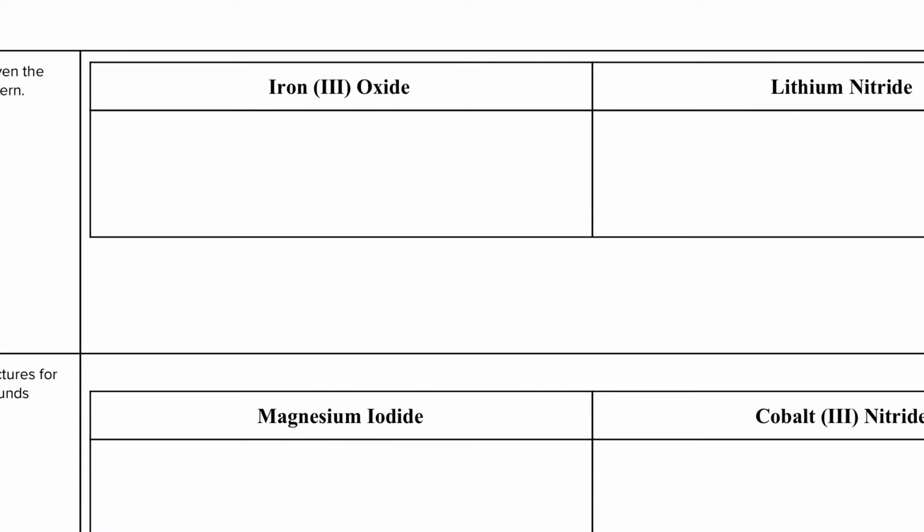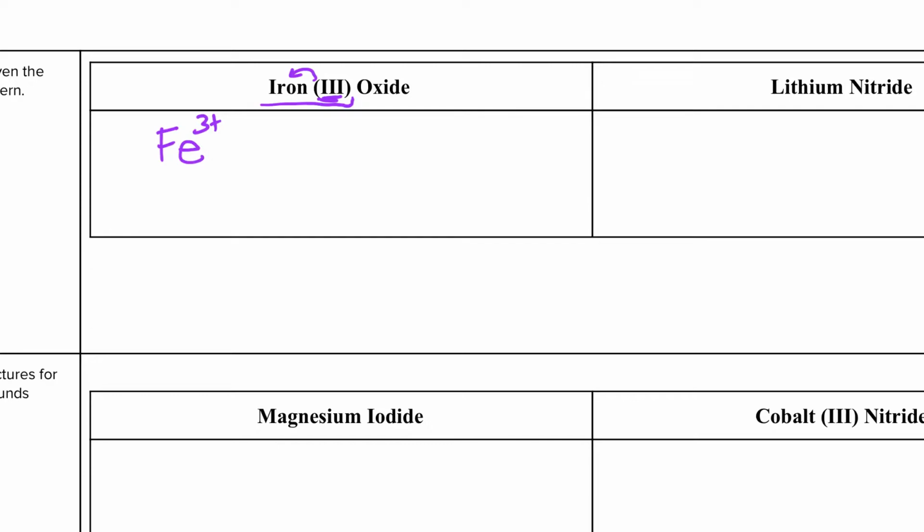The next part was ionic compounds, given the name, write the formula. Well, this is a little bit easier to do. So in this question, iron 3, the iron symbol is Fe, and its charge is 3 plus. I know it's 3 plus because this Roman numeral tells me the charge of the cation.